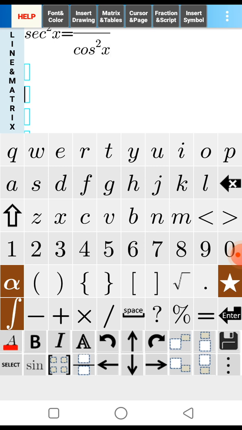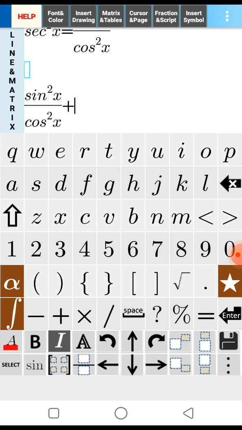We're going to take sine square x divided by cosine square x, then plus 1, and see if it will be secant square x.